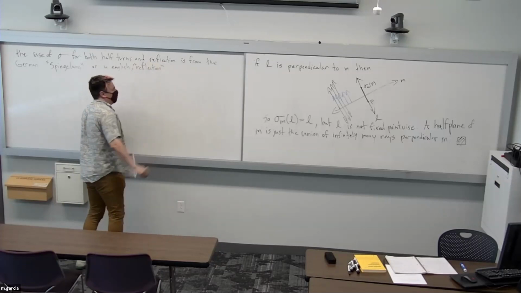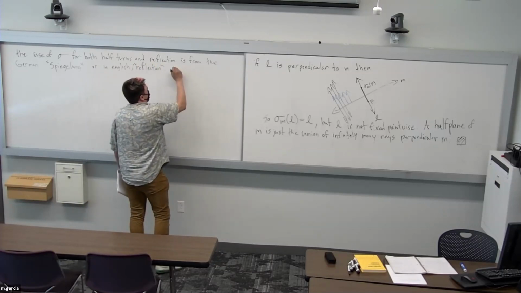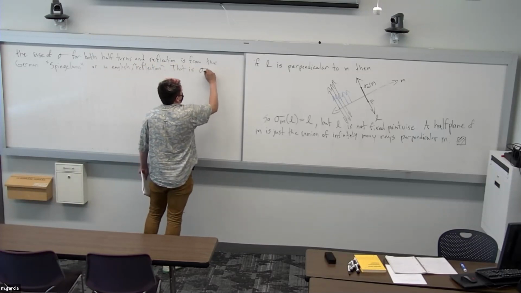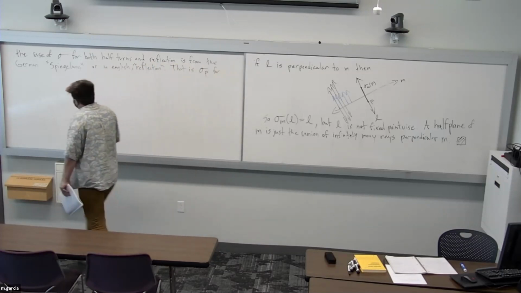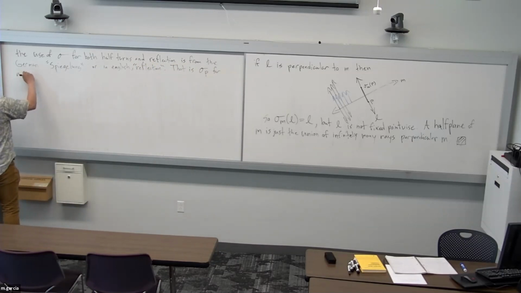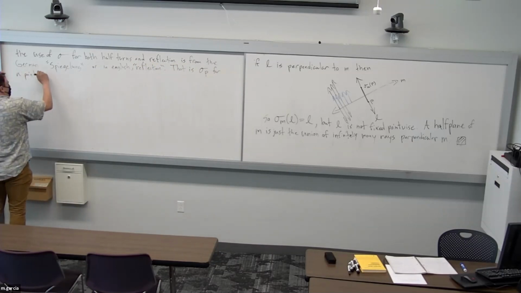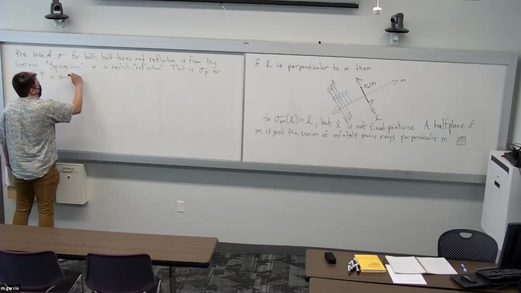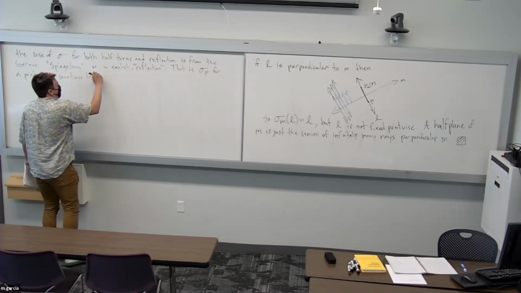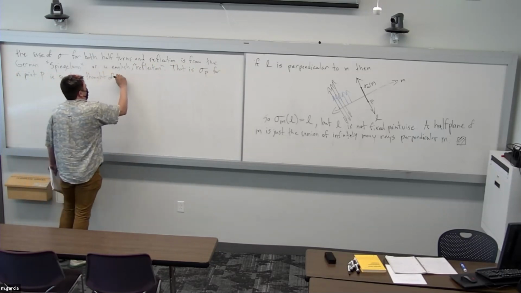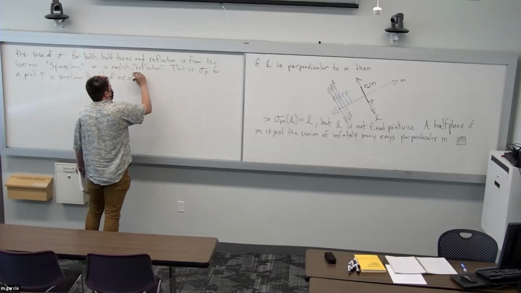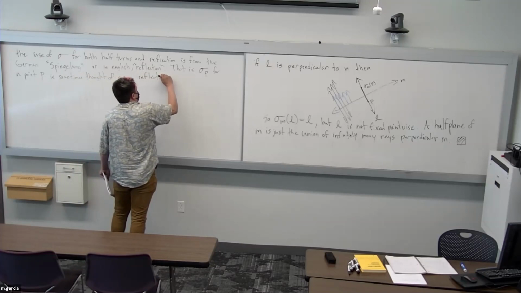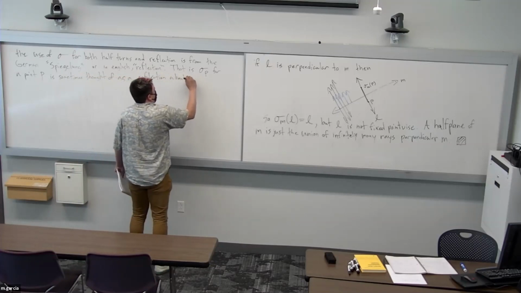Okay, so that is sigma sub p for a point p, sometimes thought of as a reflection about a point.